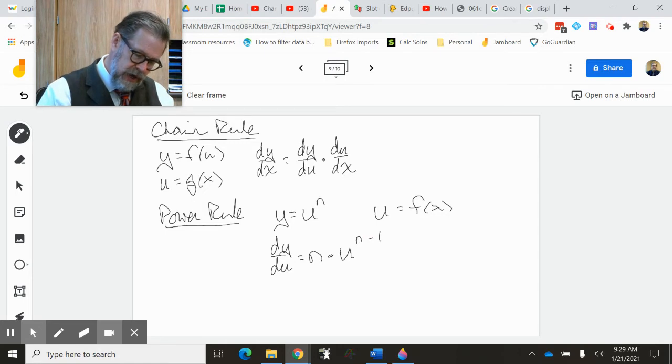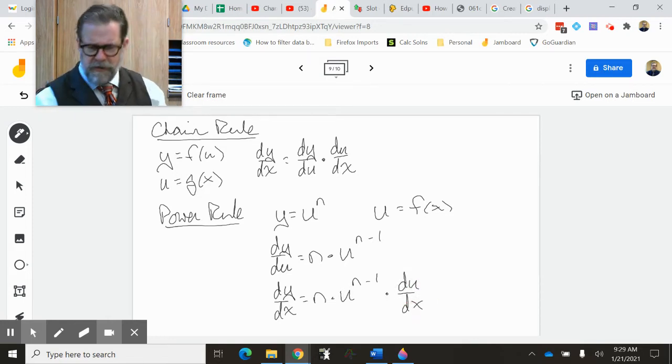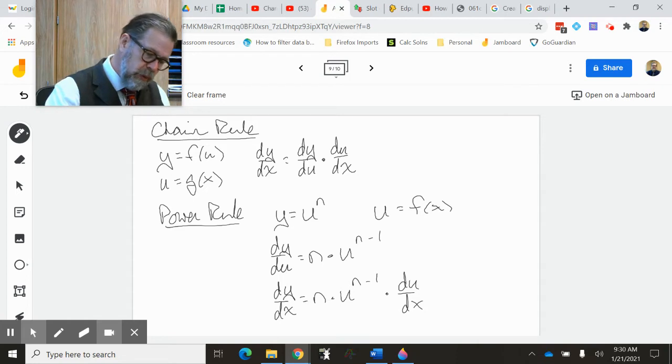And to take the derivative of y with respect to x, we're just going to take n times u to the n minus 1 and then multiply it by the derivative of u. Pretty straightforward. This is going to be true of any composite function. So let's do some quick examples.